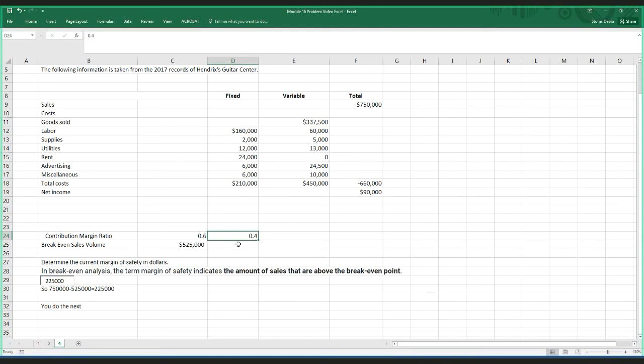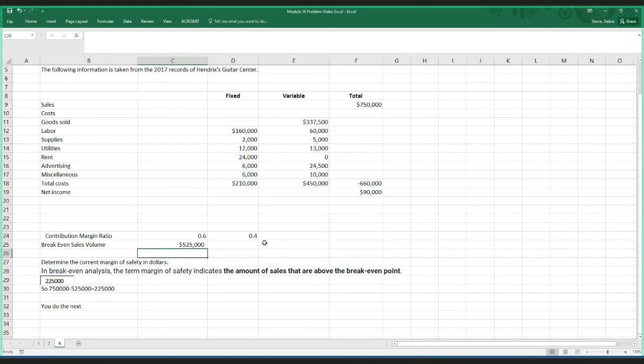So now if we want to get the break-even sales volume, we have to take the fixed costs divided by B24, which is the contribution margin ratio. That's how you get the break-even sales volume.